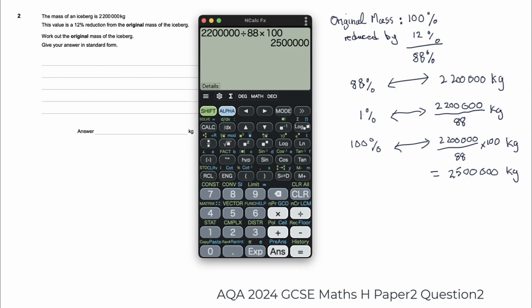So I'll take that answer that I just got and then press equals. It changes that number to standard form. That's a piece of magic that my calculator does. Your calculator also can do that. So find out how your calculator changes numbers to standard form.